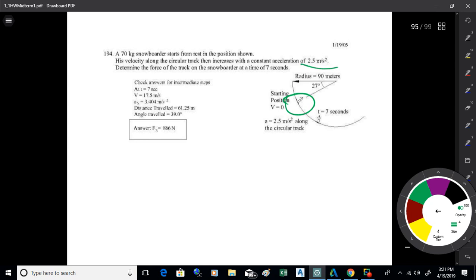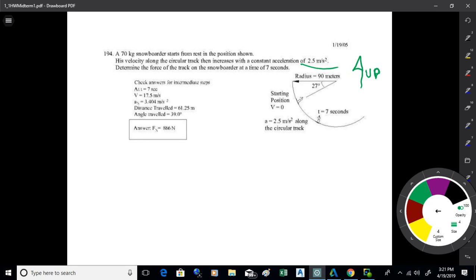So that's a constant acceleration as the snowboarder goes around the track. I don't know quite what that would be. And again, just so we all understand, that's up. Okay, that's kind of an important thing to define because it affects how gravity acts and how the weight affects the situation.